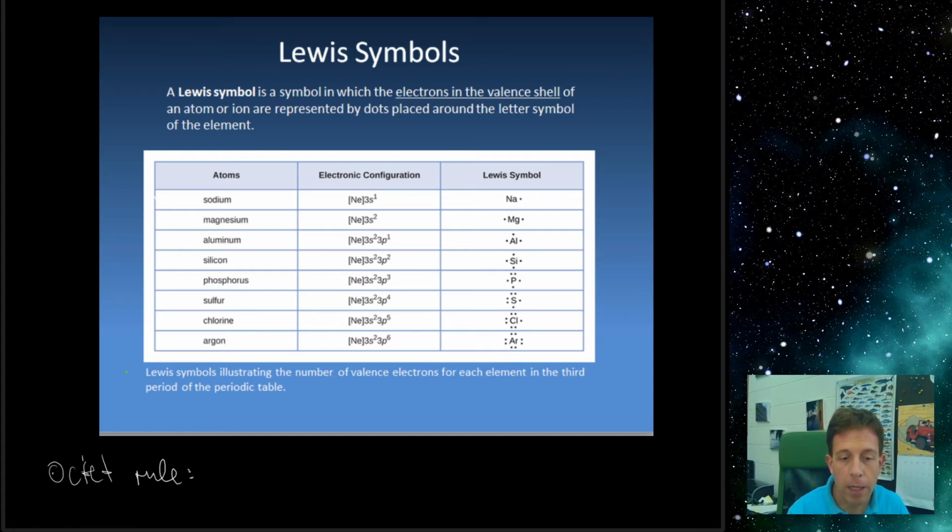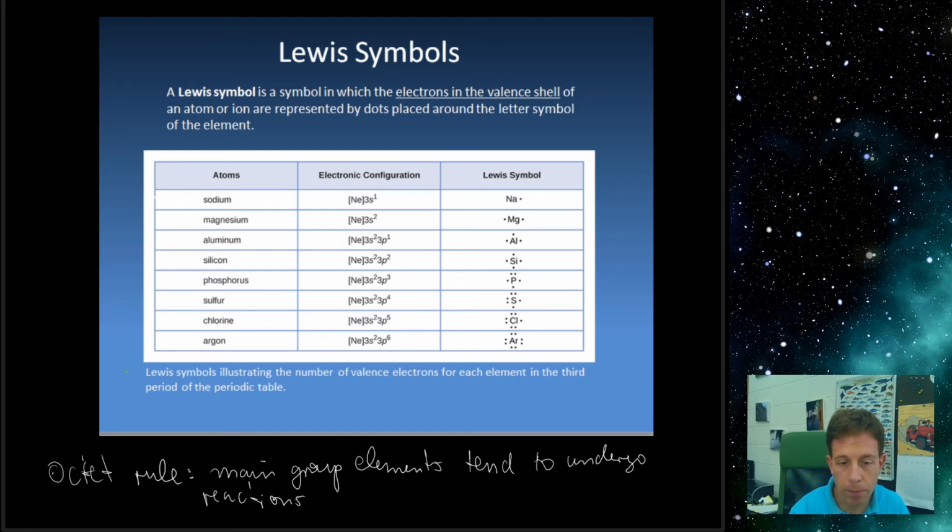The octet rule states that elements in the main group tend to undergo reactions where they share electrons with other elements such that they are left with 8 outermost electrons in their valence shell. There are a lot of exceptions right here. It's a rule, it's not a law.